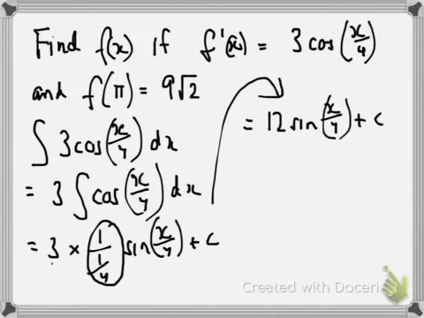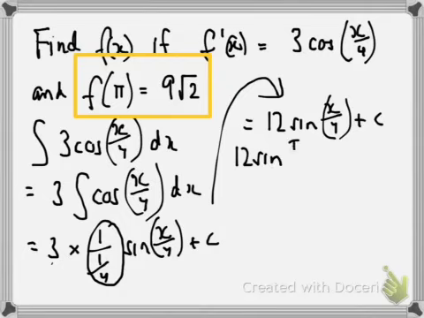Right, now what's the c? Well, we're told that if we put pi in for x, so f of pi, we're going to get 9 root 2. So to find our c, we're going to get this little equation here: 12 sine, now substituting x for pi, pi on 4 plus c equals 9 root 2.